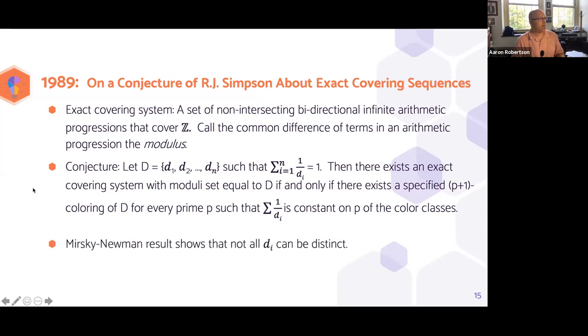And Doron provided, we know that the moduli can't be distinct, and Zeilberger provides many counterexamples to this conjecture. And the connection is that if I have these infinite arithmetic progressions, it gives me a well-defined coloring of the integers.